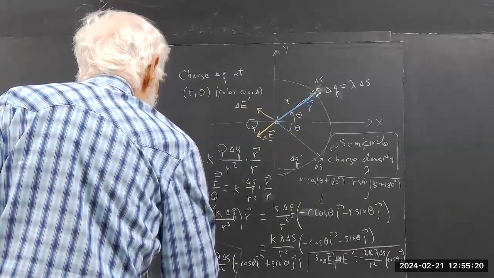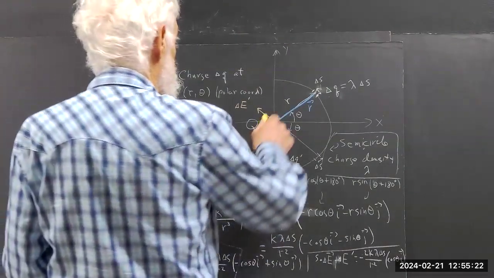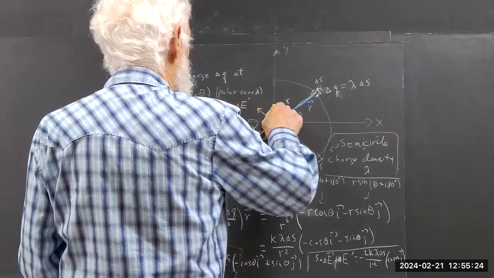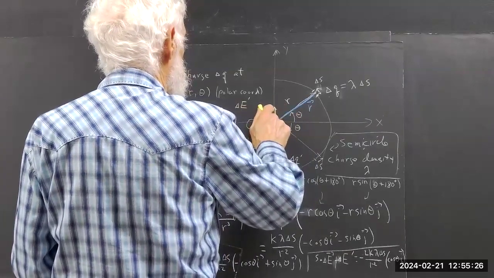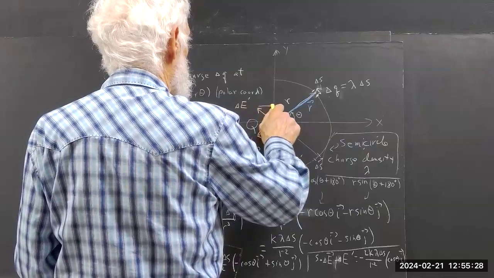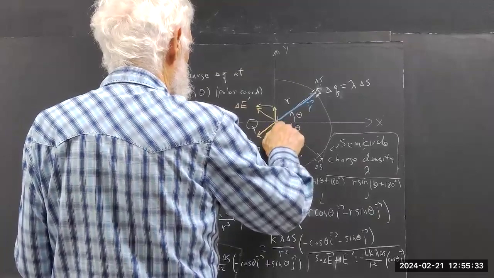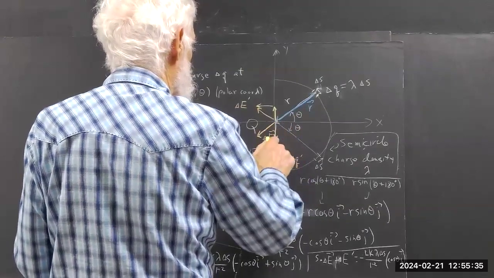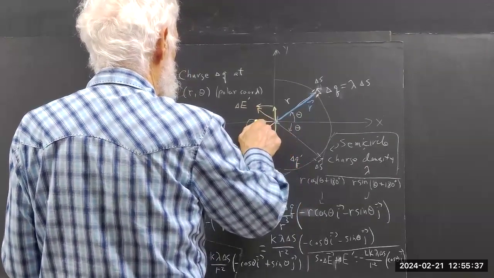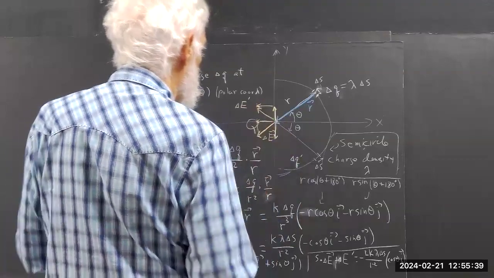Here it is. What we have is this component and this component of this field, and this component and this component of this field.